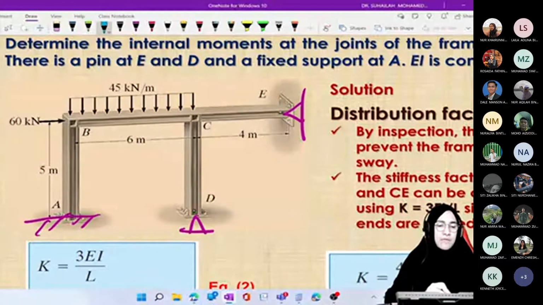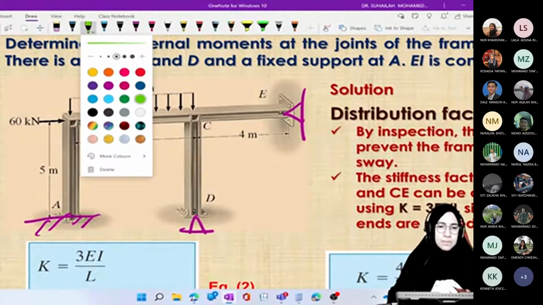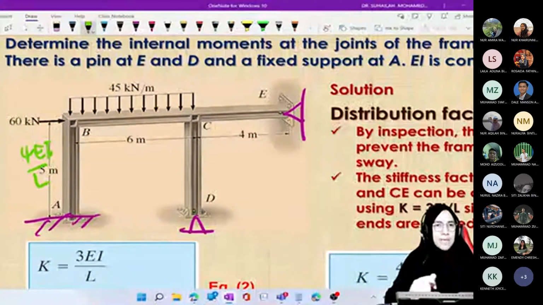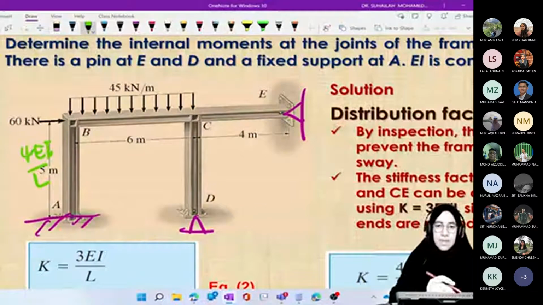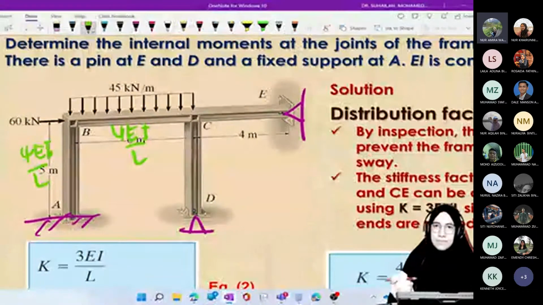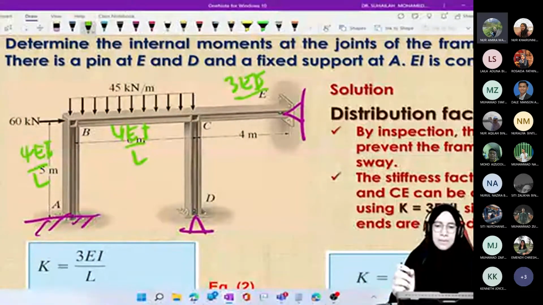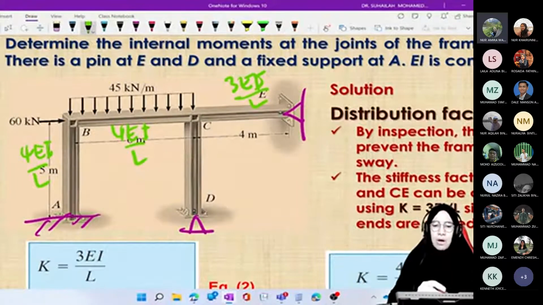Okay, so we have AB. What is the formula for K that we use for AB? 4EI over L. What about BC? 4EI over L. What about CE? 3EI over L. What about CD?